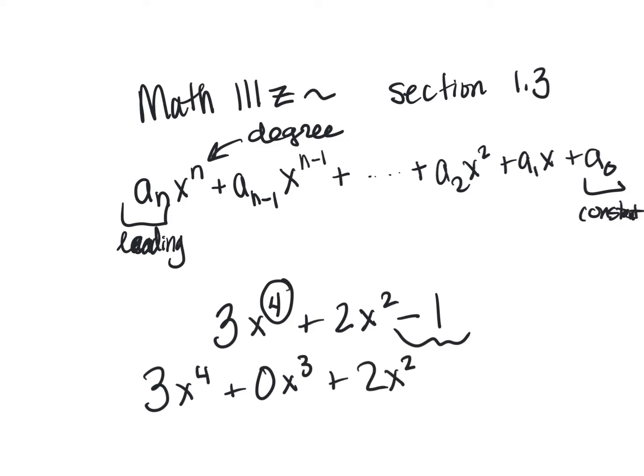So I could write it in this complete form, putting the zeros in, writing it like that. For a polynomial, all of our coefficients are going to be real numbers.